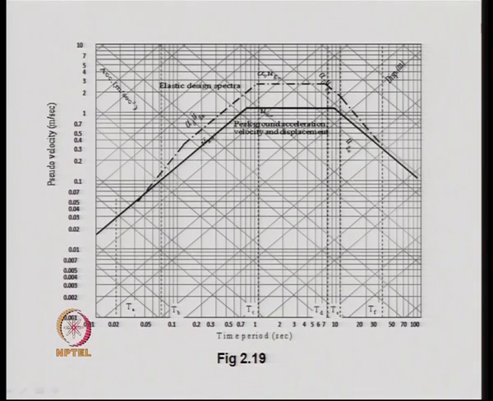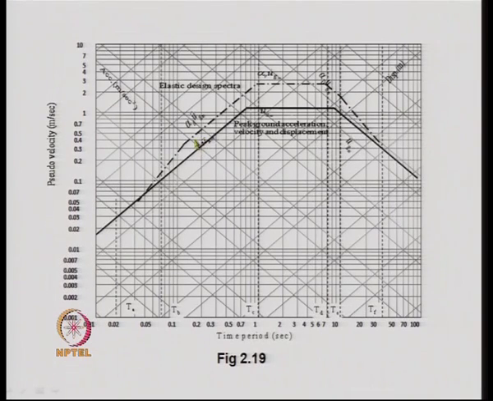Then this is the maximum ground displacement line, which is parallel to the acceleration line, and SD is measured along this line. So, this is the line showing the maximum ground displacement, this is the line showing the maximum ground acceleration, and obviously this is the line which shows the maximum ground velocity. So, this is the baseline that we obtain.